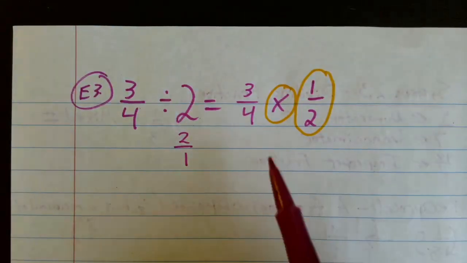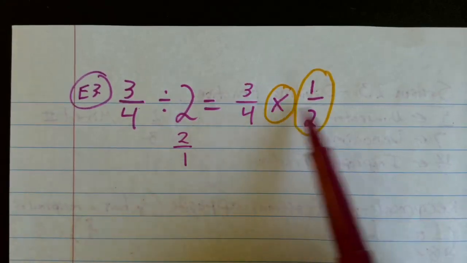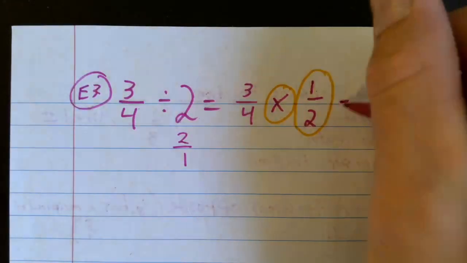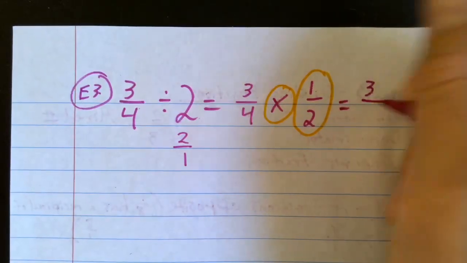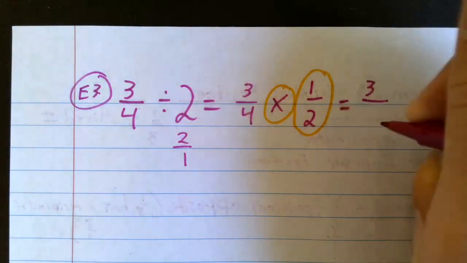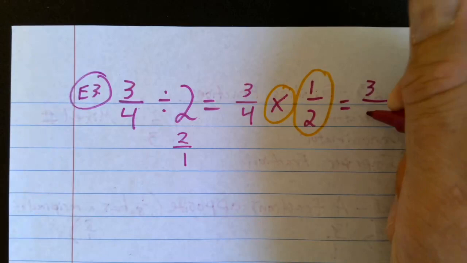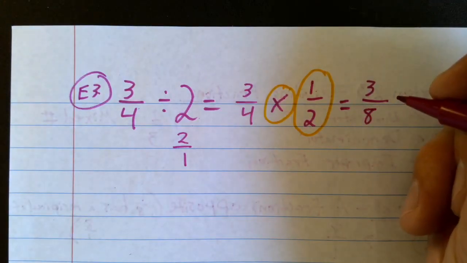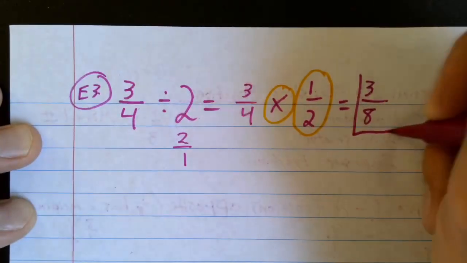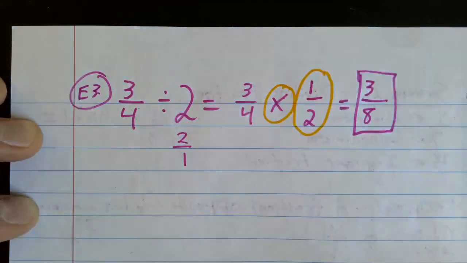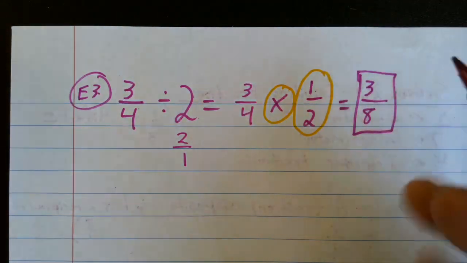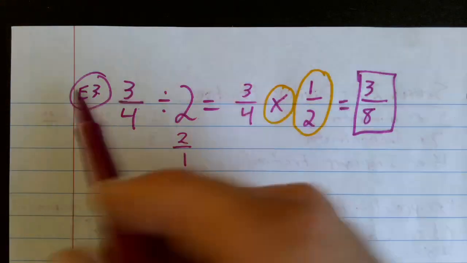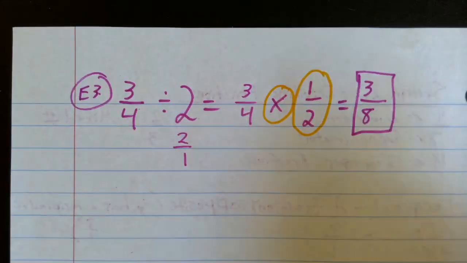Then we just multiply. 3 times 1 is 3, and 4 times 2 is 8. So your answer is 3 over 8. We can't simplify to a mixed number because it's already a proper fraction.